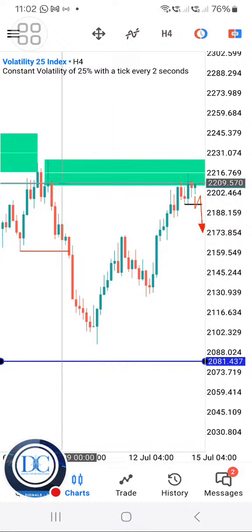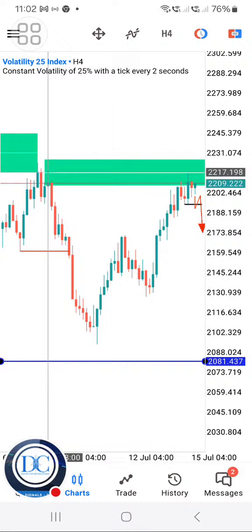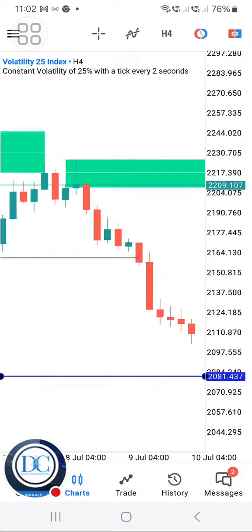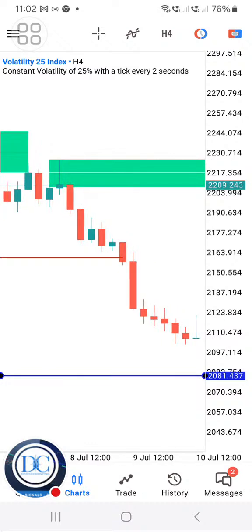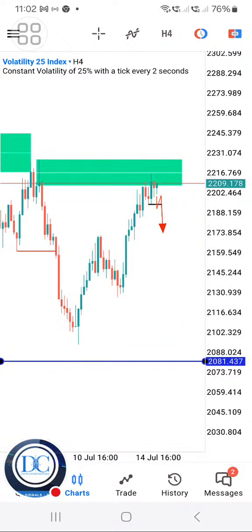You see this candle with a big wick, a bearish pin bar, or a shooting star. This is where price currently is, and we said we are going to be focusing on the wick of this particular candle.